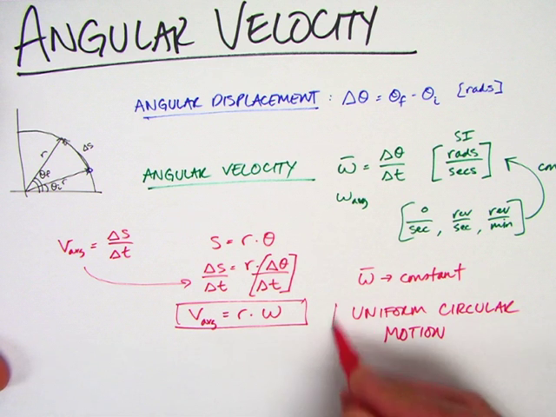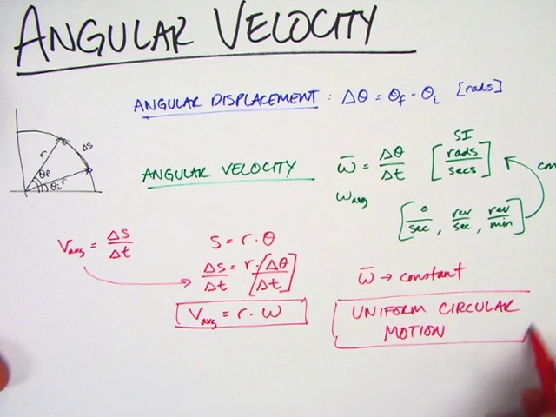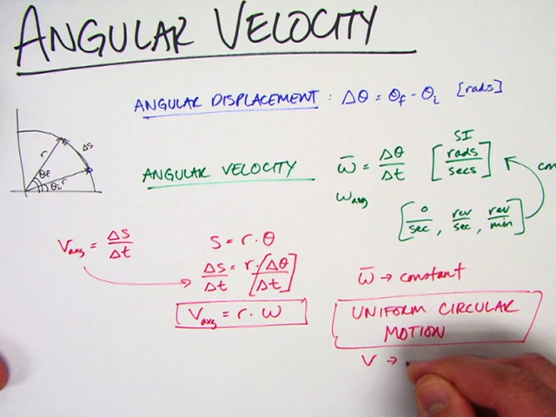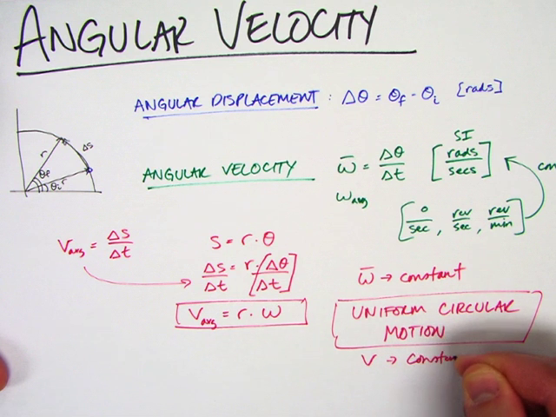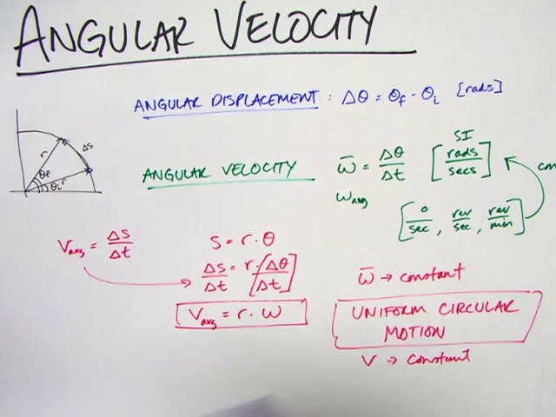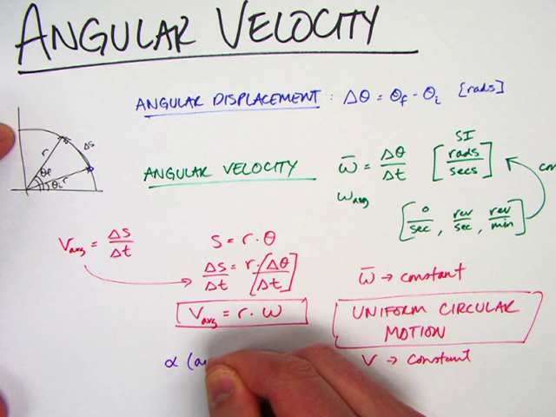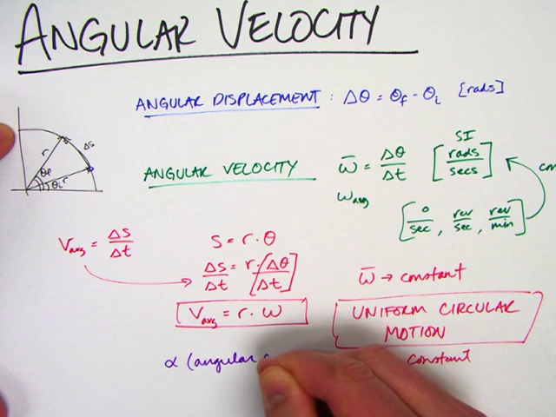So when we see or hear uniform circular motion, just know that speed is constant and that angular velocity is constant. In this case, the one term we haven't thrown out there yet that I can throw out now is alpha, which is going to be our angular acceleration.